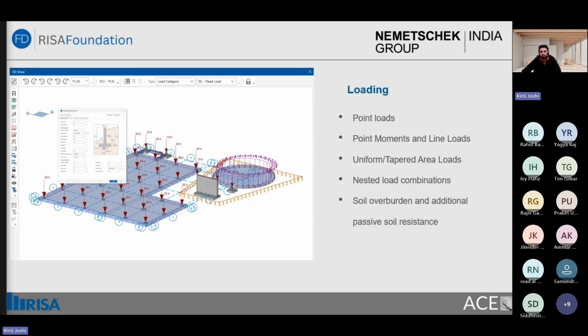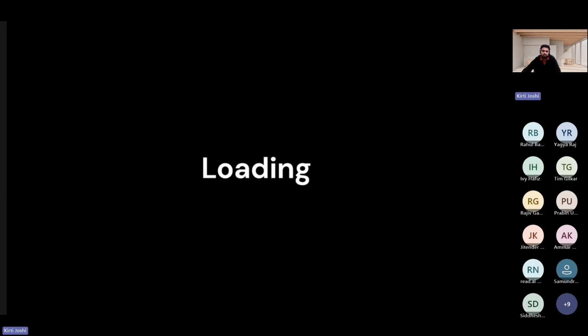In order to incorporate this, you can simply nest your load combinations. And lastly, soil overburden and passive soil resistance can be included, which is important for below-grade structures. So let's have a look at how we can apply the loadings.